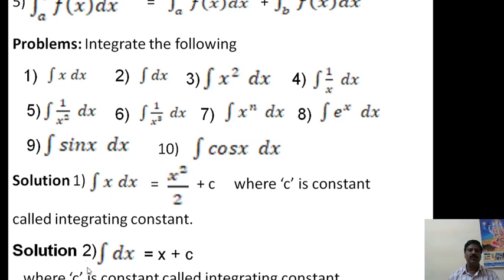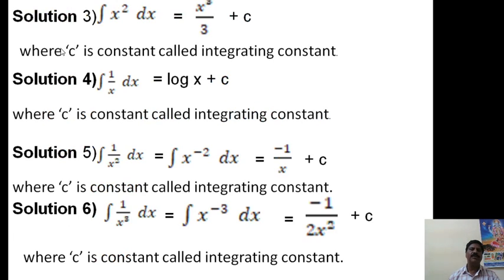Then the solution for 2, the integration of dx. Here dx means it is a 1, and 1 can be written as x to the power of 0. Am I right? x to the power of 0. Then with the same formula, x to the power of 0 plus 1 divided by 0 plus 1 means x to the power of 1 divided by 1, that is x plus c is the integration of dx, where c is the integrating constant.